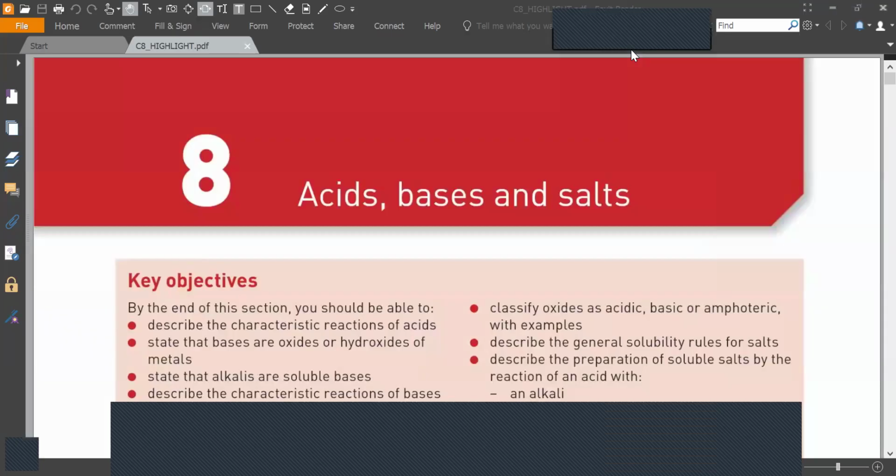Okay, let's look at the acid and bases topic.